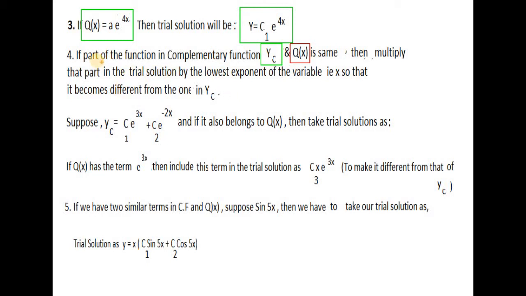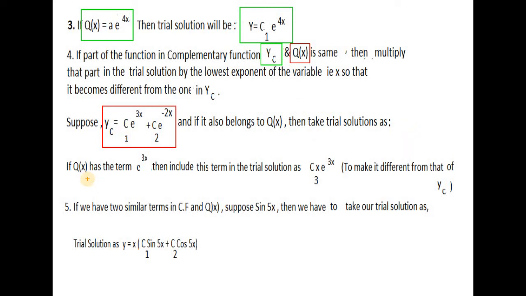So we must remember this point 4. Suppose we have the trial complementary function. This is our complementary function, and if it also belongs to q of x, then take the trial solution as follows.